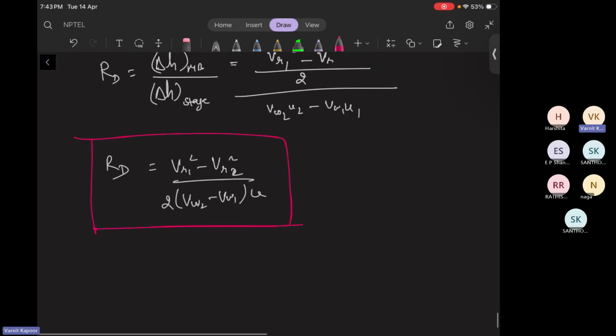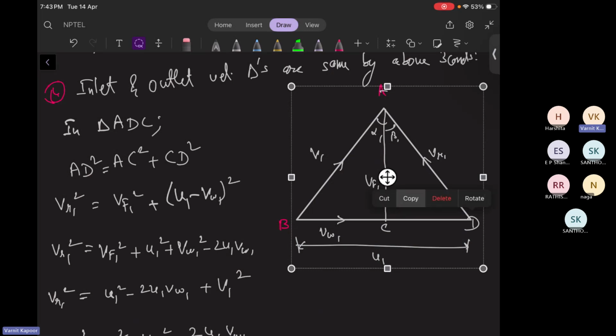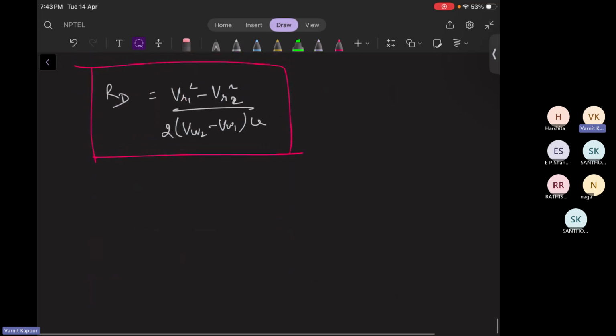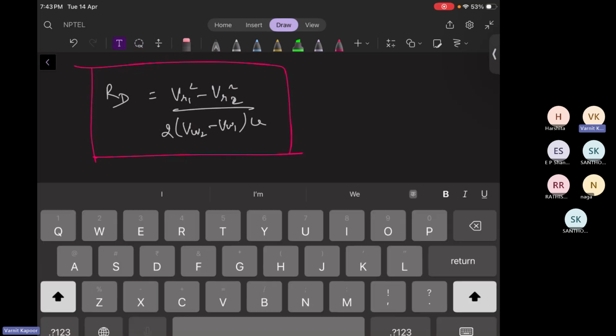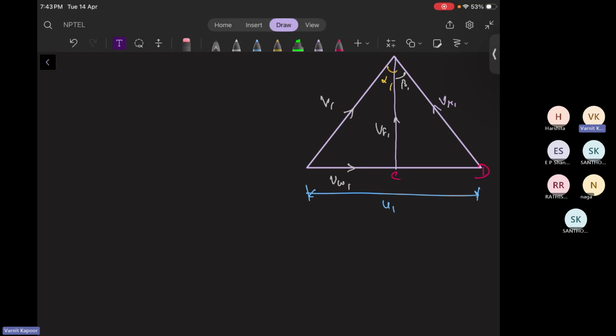Now let us see again the above same diagram. Let me copy this again. Let me paste it here for a velocity triangle.